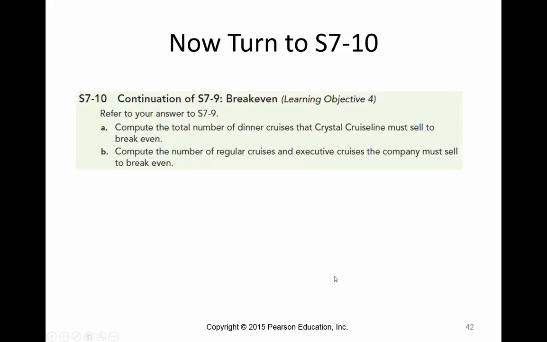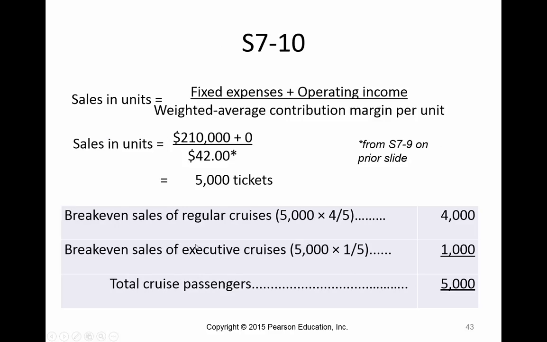Now, we can use this to answer our next questions here. Compute the total number that they will need to sell in order to break even. Okay, break-even sales of regular cruises. Well, we know our fixed costs, again, 210. We know our break-even, of course, we want to have 0 in operating income. Now we're going to use our weighted average contribution margin that we just calculated on the prior slide.